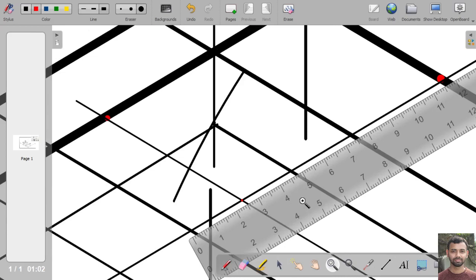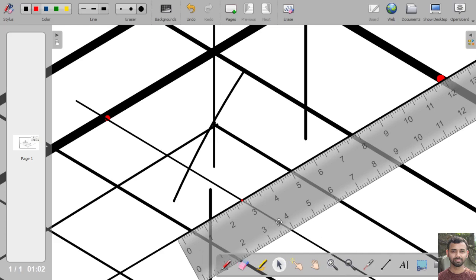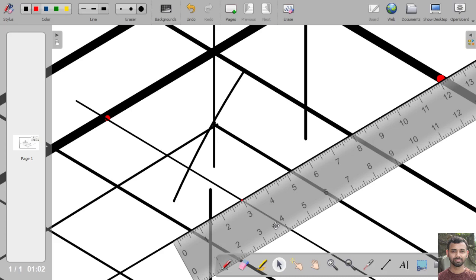So 60 mm each side means 30 and 30. So we are dividing it as 30 and 30. This is 30 mm, and up to this it is the next 30 mm. Okay.